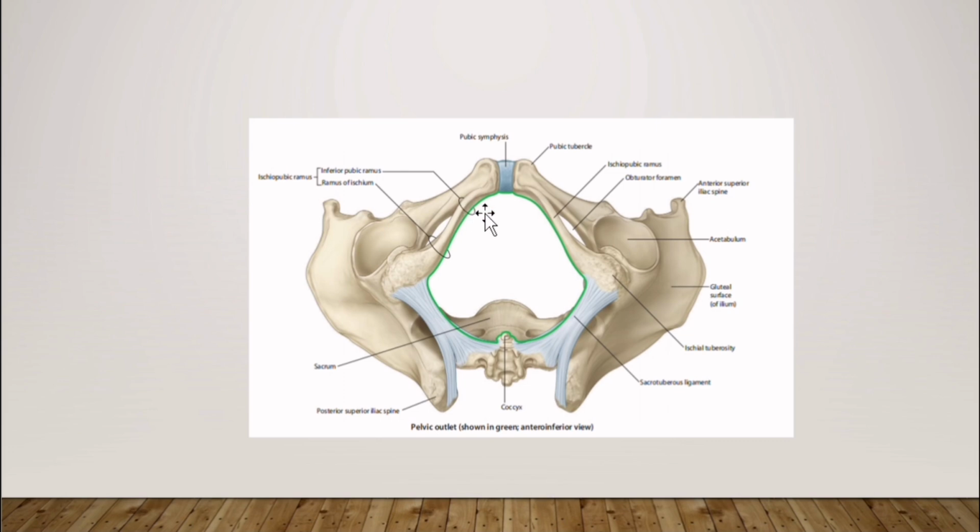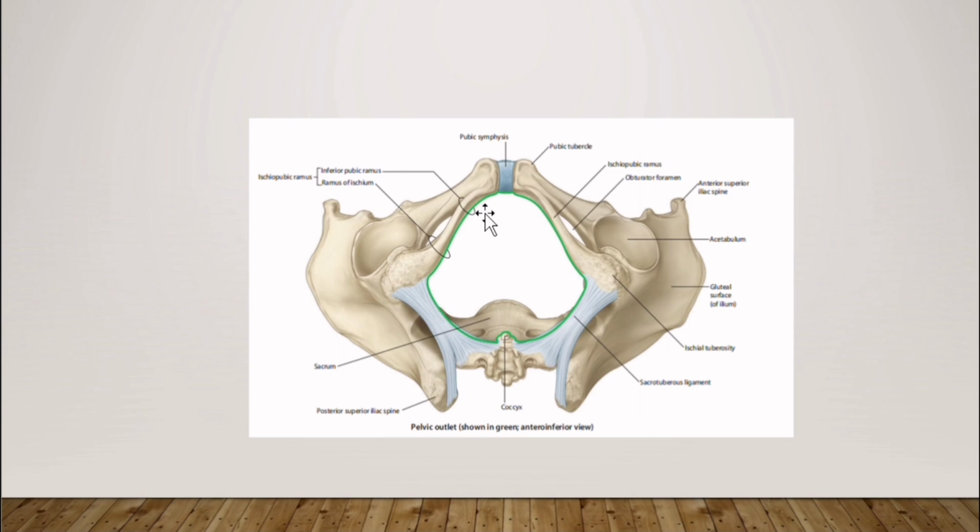Okay, so when I was talking about the true pelvis, we said that anything below the pelvic brim is the true pelvis, right? So the true pelvis ends at the pelvic outlet. Okay, so the true pelvis is composed of three things. I think I should have mentioned that.